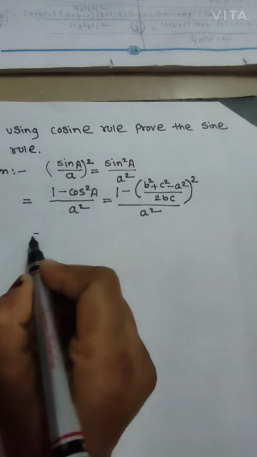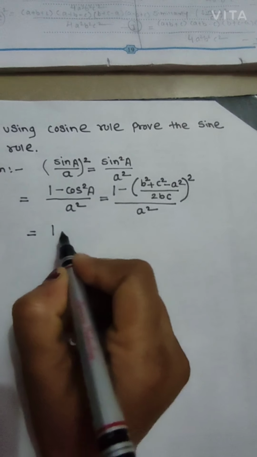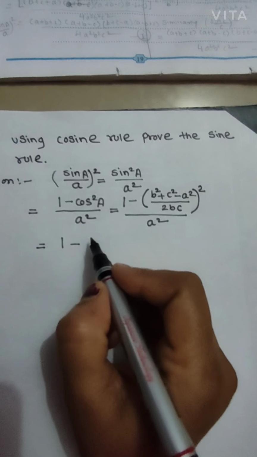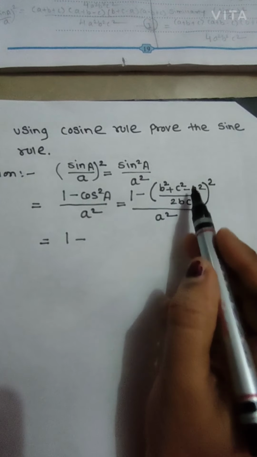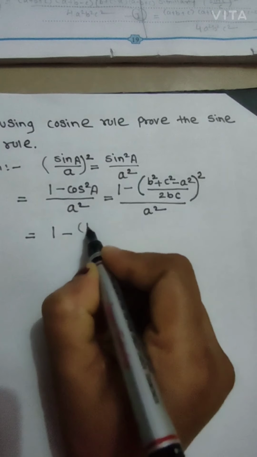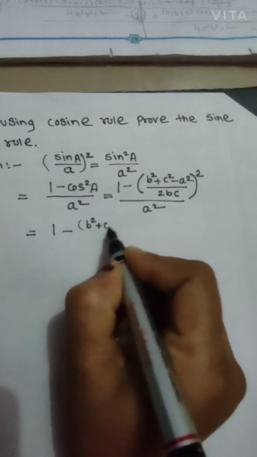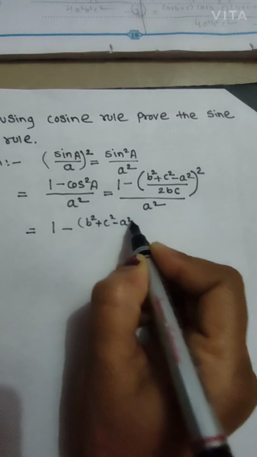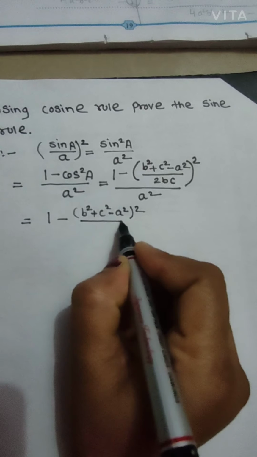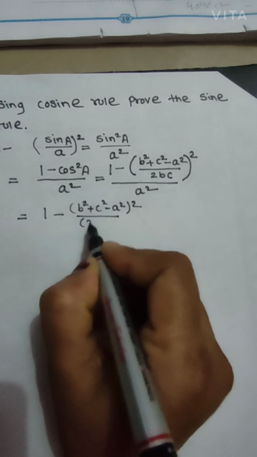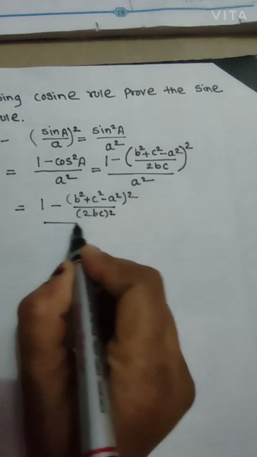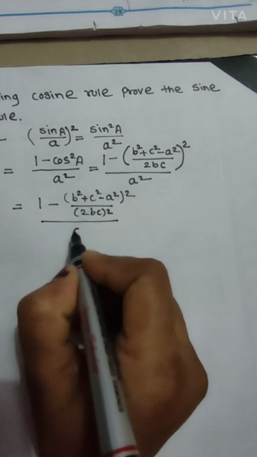Now next, 1 minus, we separate these squares: b square plus c square minus a square whole square upon 2bc whole square, over a square.